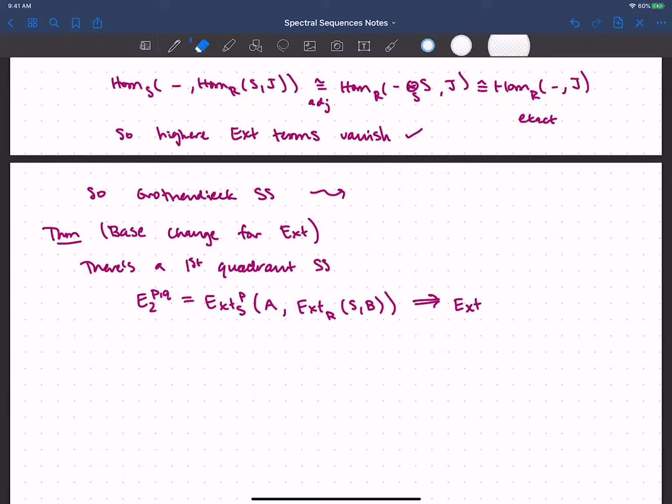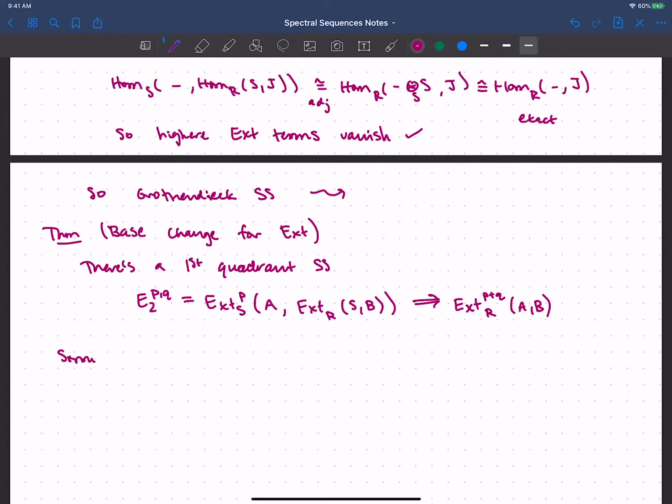And remember, the composition looks messy, of course, but we saw that by adjunction, it works out quite nicely. It's just going to give us Hom over R, and so the derived functors are Ext over R with these things. Okay, so I think I said that kind of strangely, but if you go back and check all of the indices, and which Hom is which, then you'll see this is exactly what we get.